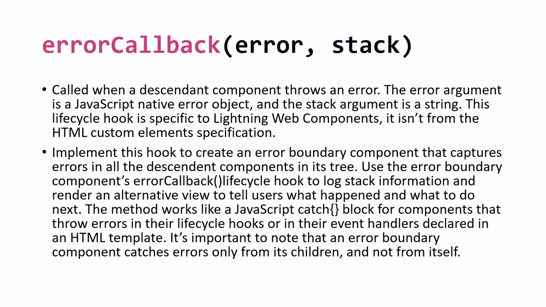That type of error needs to be handled, or we need to perform some logic in this lifecycle, so we can call the error callback. How can we check whether the error callback is being called or not?